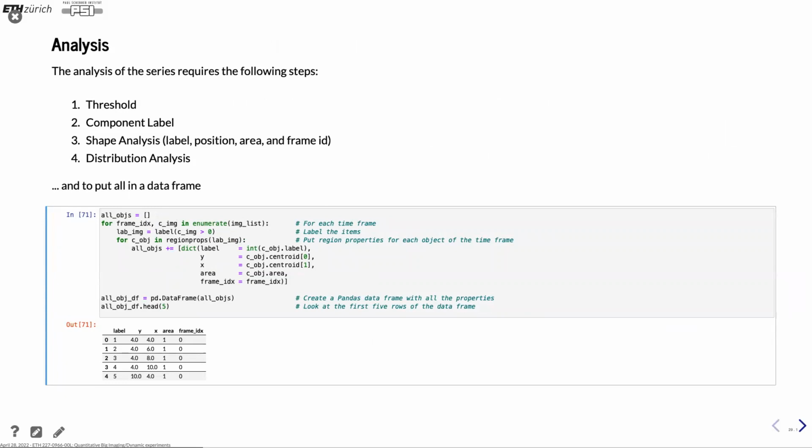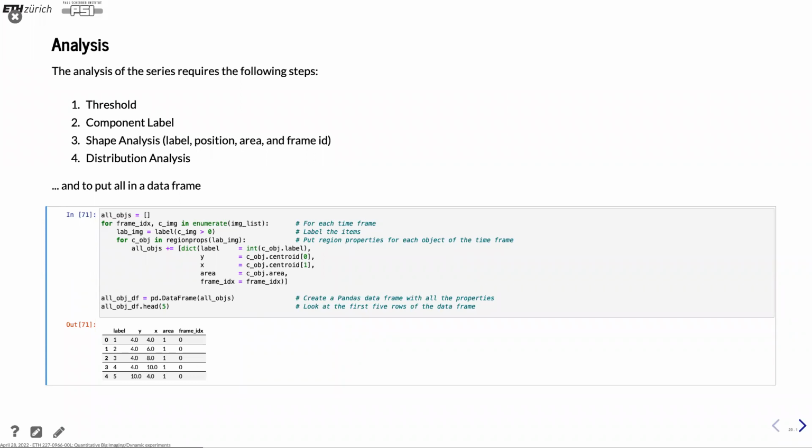First of all, we need to apply a lot of preparations. One thing is first applying a threshold, then we need to label each object to know which one we are actually following. Then we may need shape analysis, at least to prepare, to know where we have labels, positions, and maybe area, and frame ID.